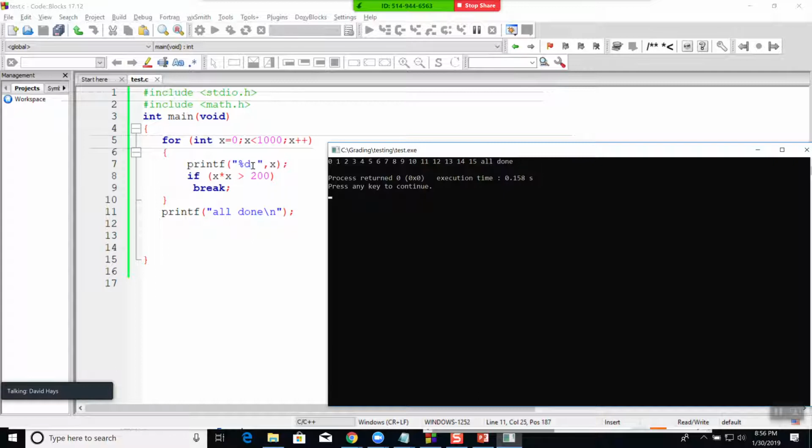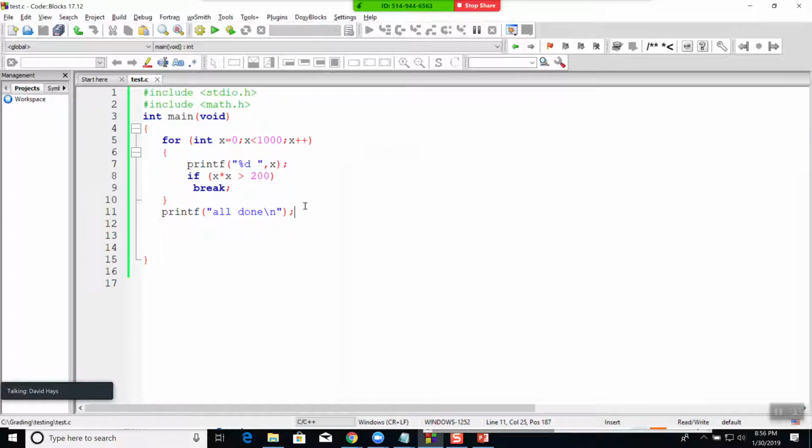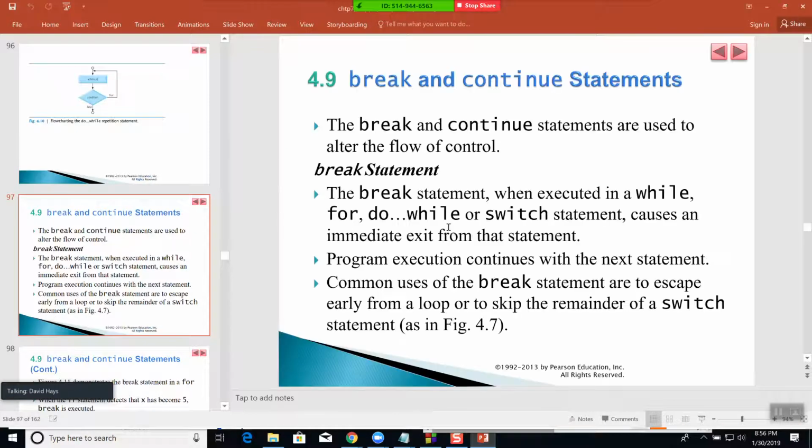Okay, so that's why I did that. But anyway, what I'm demonstrating here is you do not let the for loop finish its natural design. Its natural design is to go from 0 to 999. You can break out of a for loop, a while loop, ungracefully with that. I consider it poor programming practice. That means you didn't design your for loop or while loop correctly in the first place. But they provide that capability.